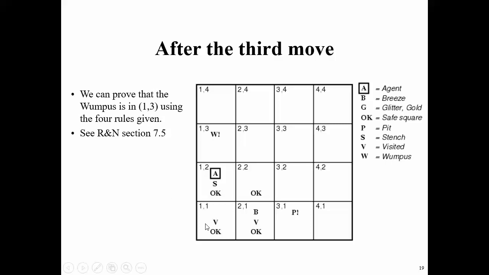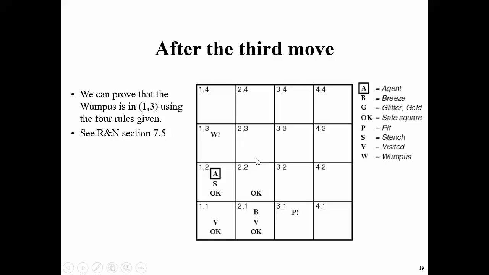The agent will start from the 1,1 grid. If he moves forward and feels a breeze, there is a pit in the adjacent nodes. If he moves forward and feels a stench, there is a chance of Wumpus in the adjacent nodes. If he visited a grid and feels a glitter, glitter means there is a chance of gold in the adjacent node.